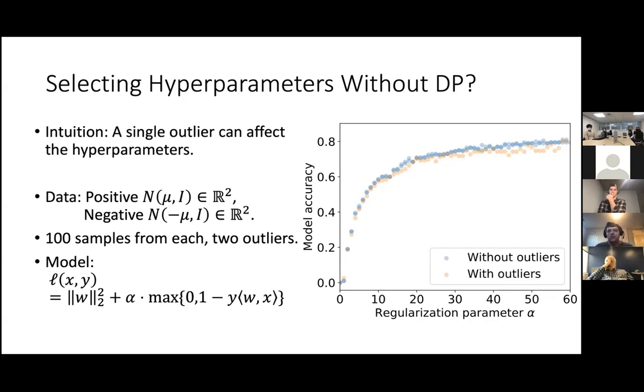Once you've released the accuracy and the hyperparameter choice, you can see that this would change. And again, we're assuming here that you've not applied any differential privacy at all. So this is sort of like a straw man.